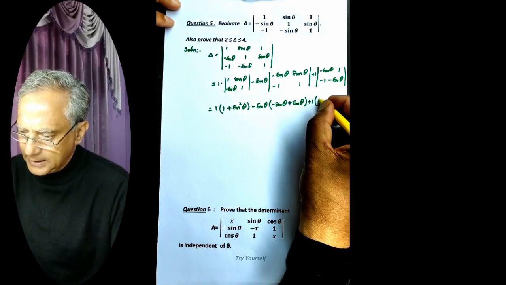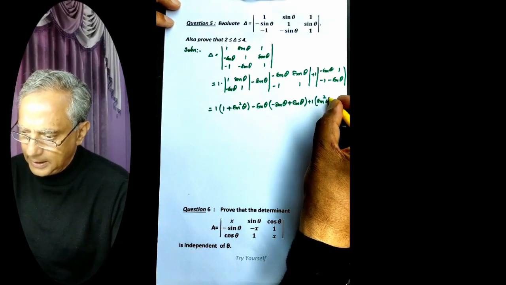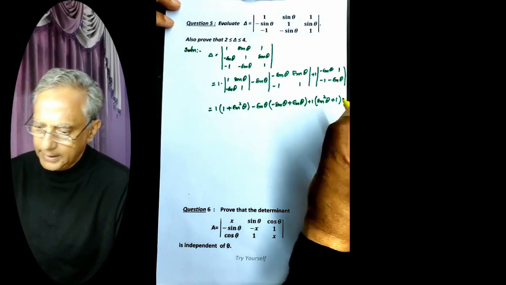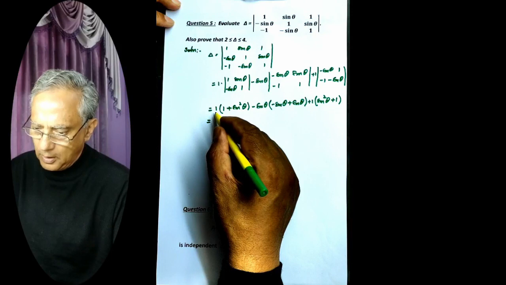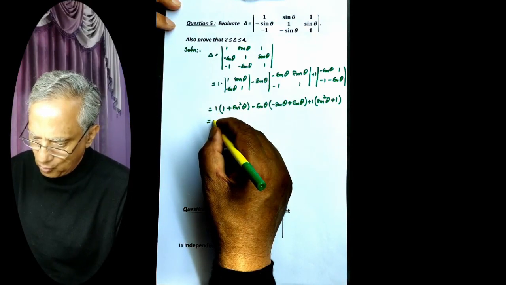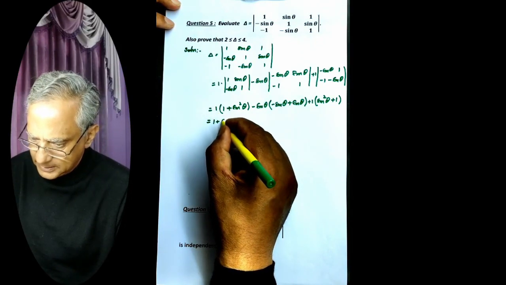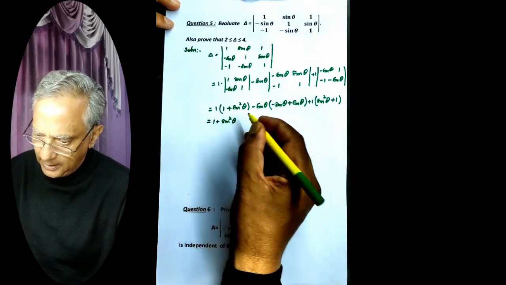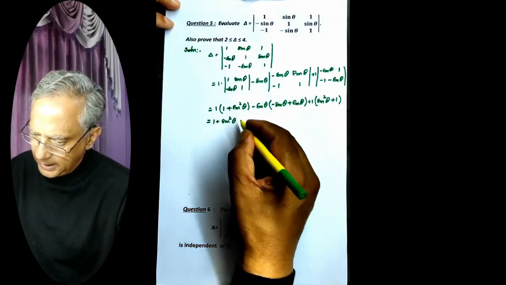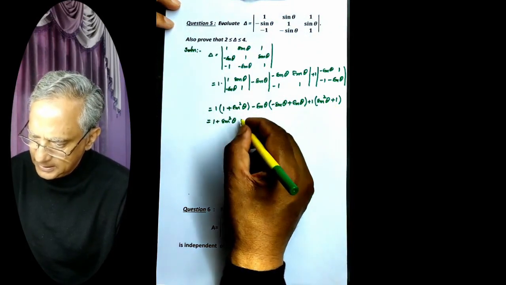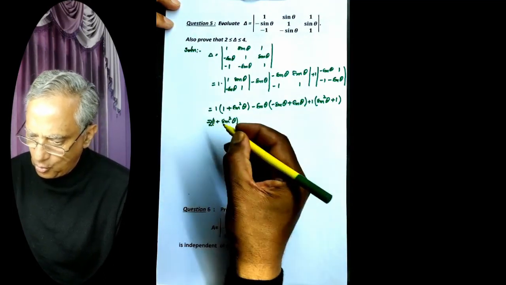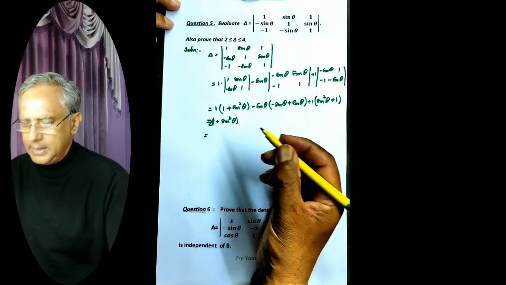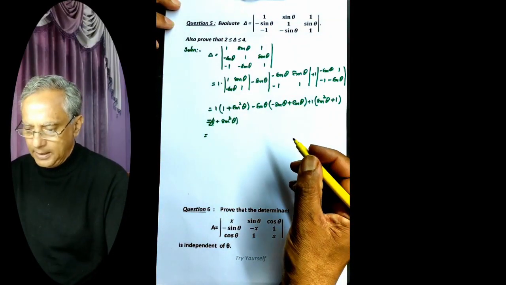So we get sine square theta plus 1. So this is 1 plus sine square theta, this is 0 and this is again 1 plus sine square theta. So we get 2 into 1 plus sine square theta.